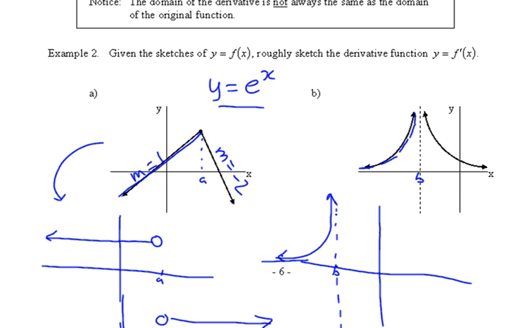E-U-L-E-R. Okay. Now take a look at the right arm of the graph. What do you notice? Very steep negative slope, getting less negative, and getting less negative, and even less negative, but still negative. So the derivative arm would actually be down here.